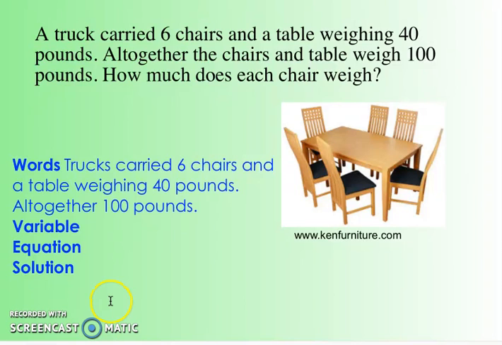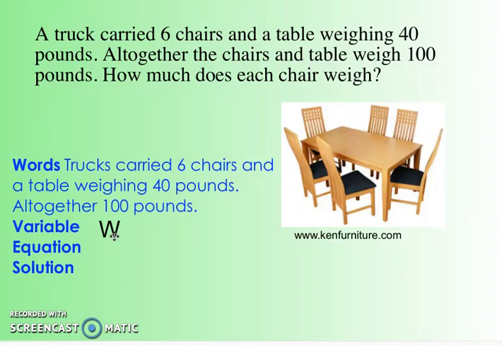No. So what variable would you like to use? Okay, let's use W. I like it. W for weight. And so if I have 6 chairs and each of them weigh W pounds, we don't know how many pounds, what do I need to do with the 6 and the amount they weigh to figure out their total weight?